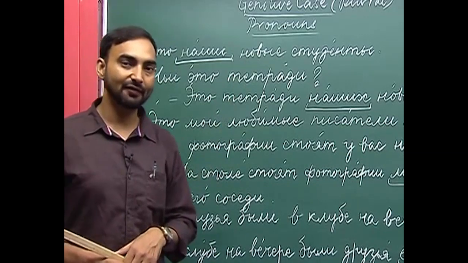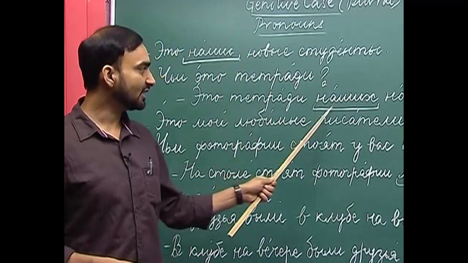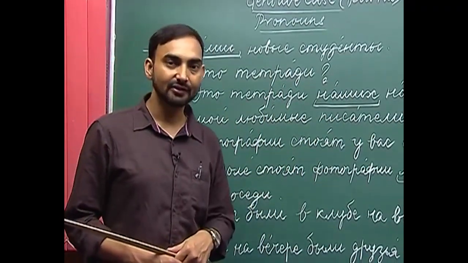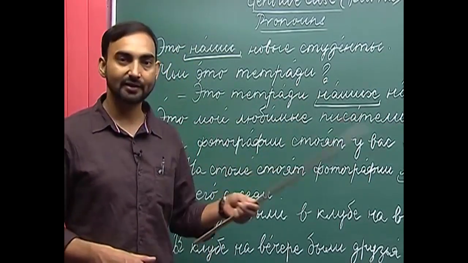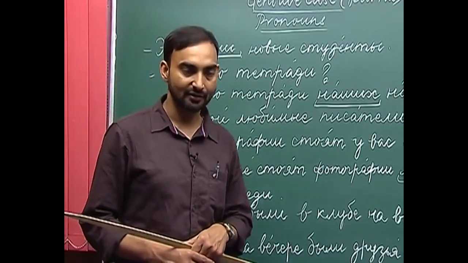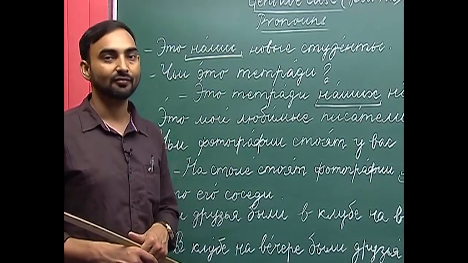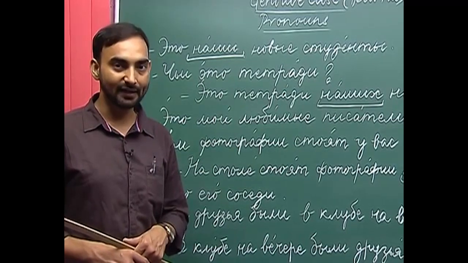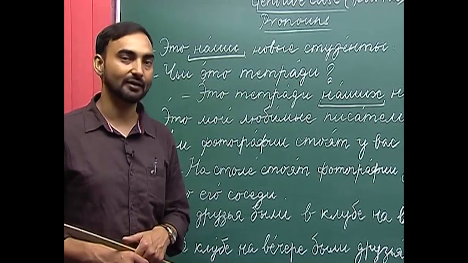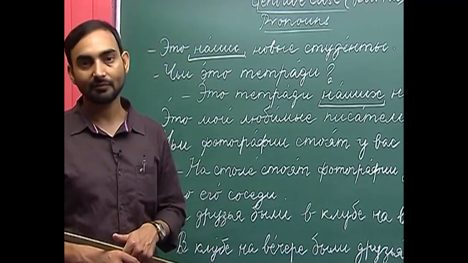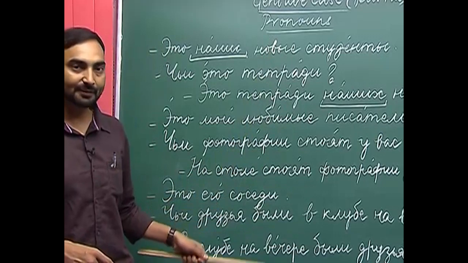Nashi, which is the nominative plural of nash, changes to nashikh, and vashi, which is the nominative plural of vash, changes to vashikh: moikh, tvoikh, nashikh and vashikh. With regard to the third person possessive pronouns, for example его, её and их, they do not change their forms in the genitive case, neither in singular nor in plural. So, they remain the same. So, this was about the possessive pronouns.